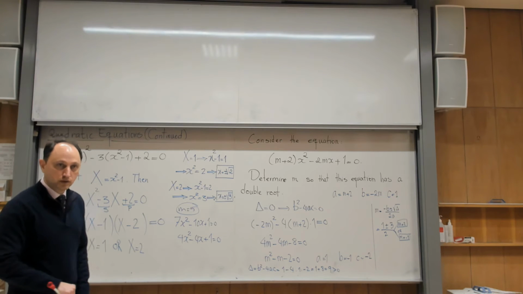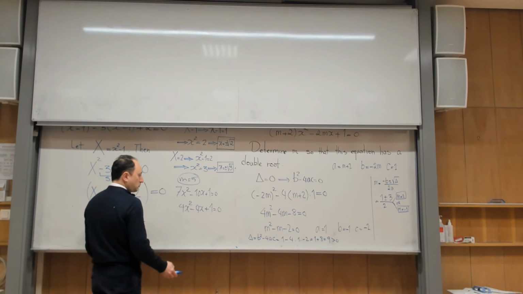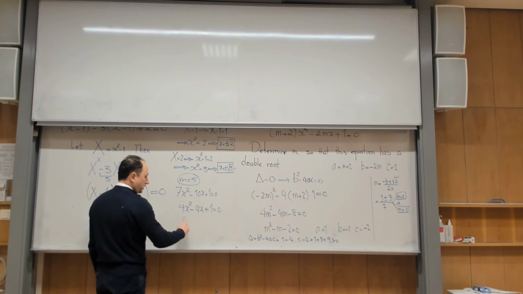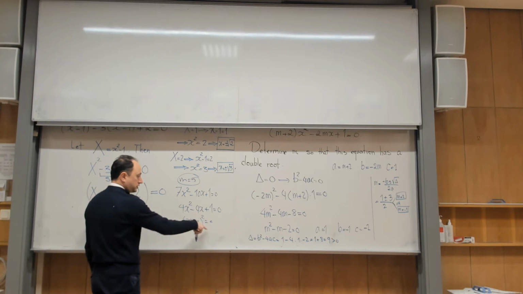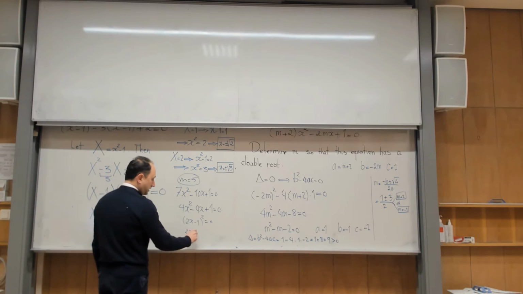That's the double root. If you don't believe, we can calculate. By the way, do I need to calculate? No, because that's a squaring pattern. It's 2x minus 1 squared: the first one squared, 2 times the first one times the second one, and the second one squared. So 2x minus 1 is 0, so x is equal to 1/2.